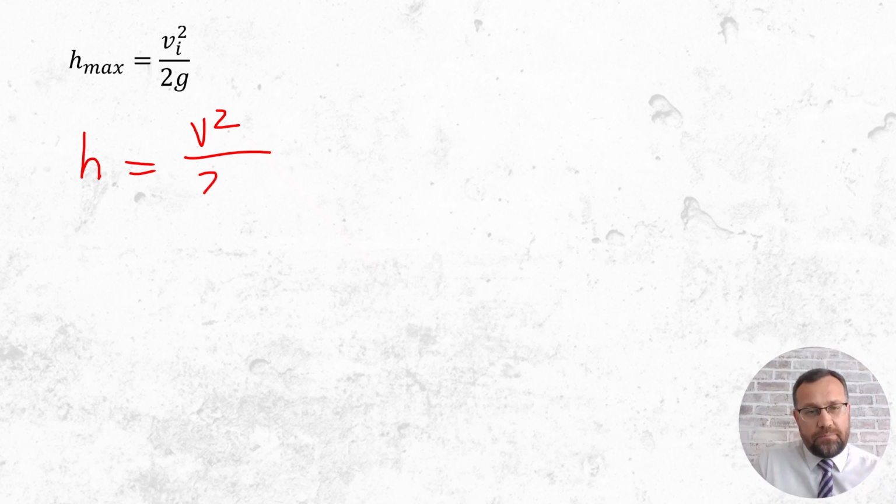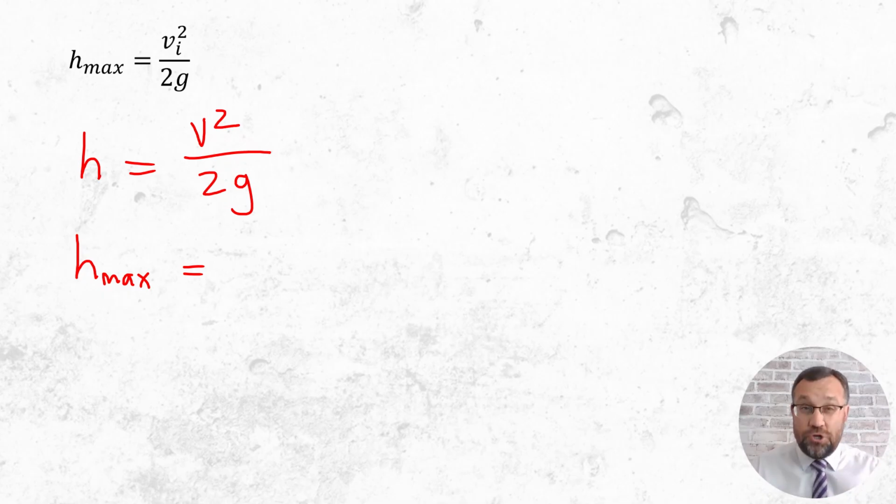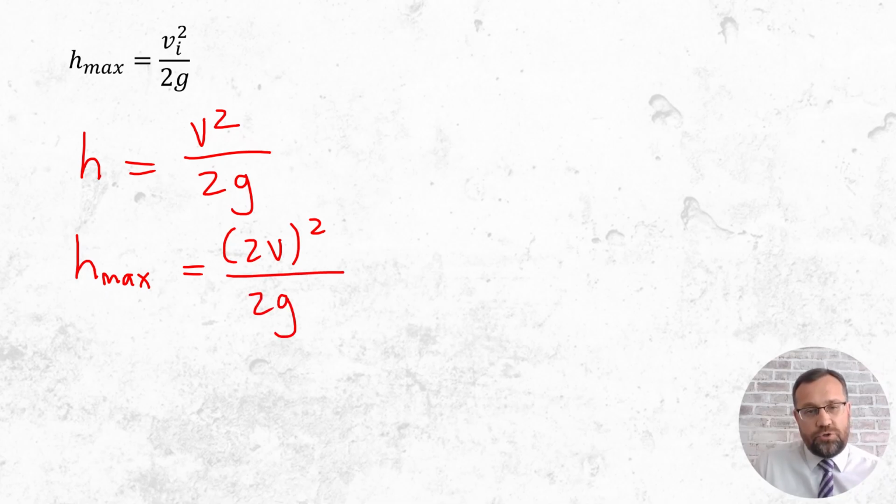For object A, we know that the maximum height reached is h. The initial velocity is v, and v squared divided by 2g. So this is for A. Now for B, we have to determine what is the new maximum height. That is equal to the initial velocity, which is 2v, squared, divided by 2g.